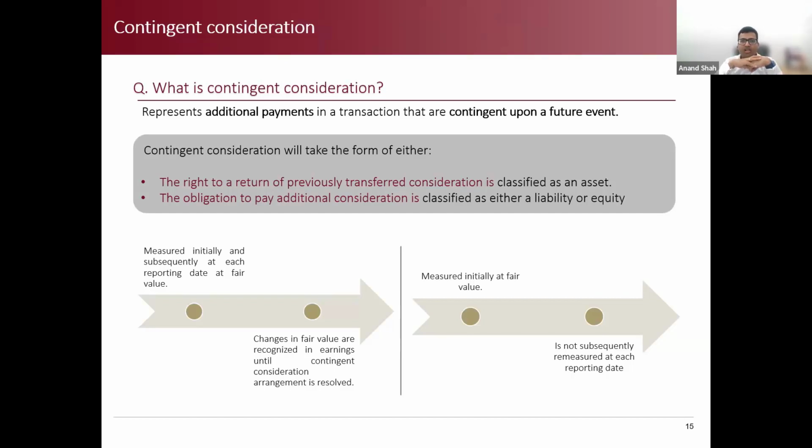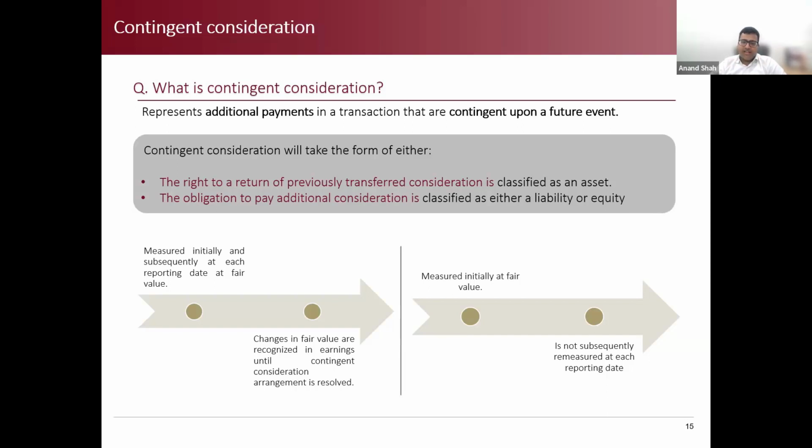So maybe if the company reaches a revenue of X at the end of year one, an additional consideration of Y would be discharged. It can be linked to revenue, EBITDA, or any other financial or non-financial parameter. What is important here is that such a contingent consideration needs to be fair valued.